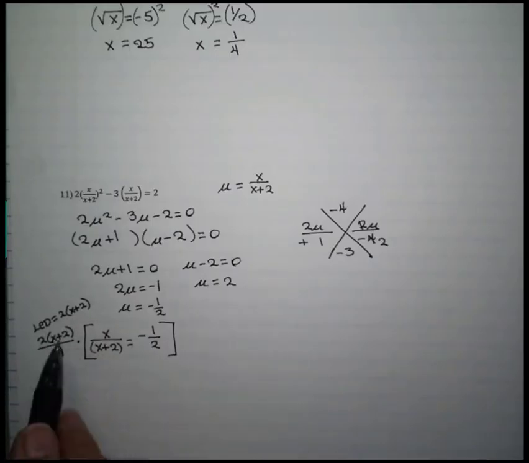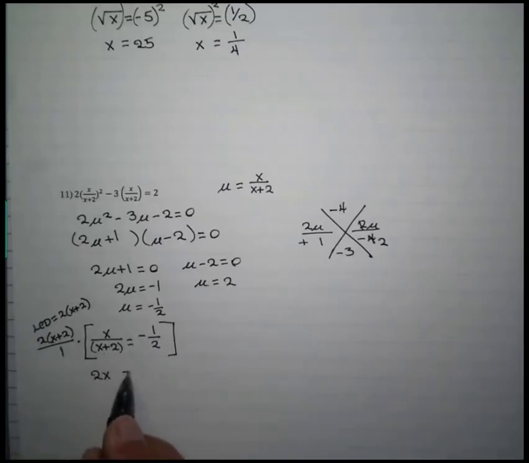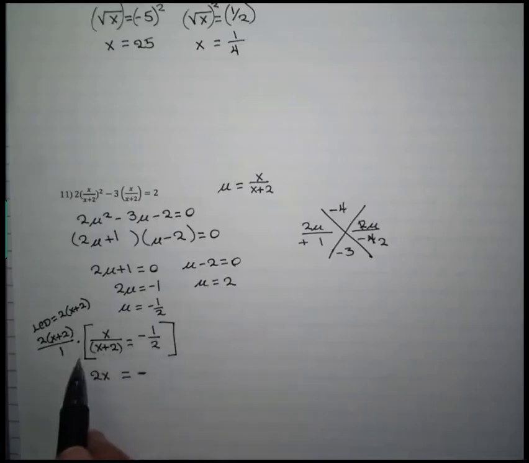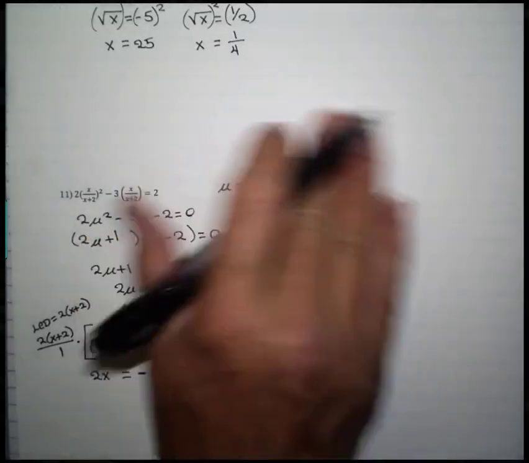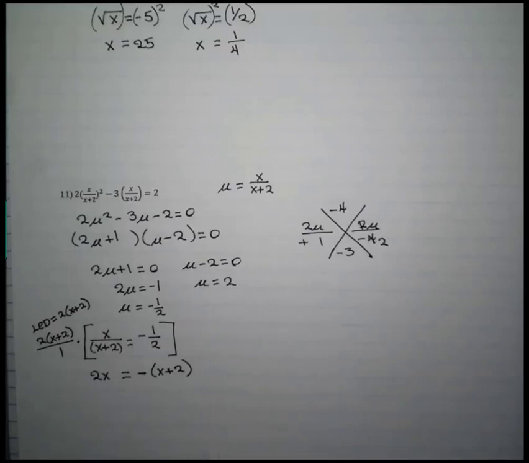When I do the first term, the x plus 2's cancel, and I end up with 2x. When I do the second term, let's say this one is going to be negative, and what cancels is the 2, and I'm going to end up with a negative x plus 2. Now, I'm not forgetting to put the x plus 2 inside parentheses because I will have to distribute that negative.